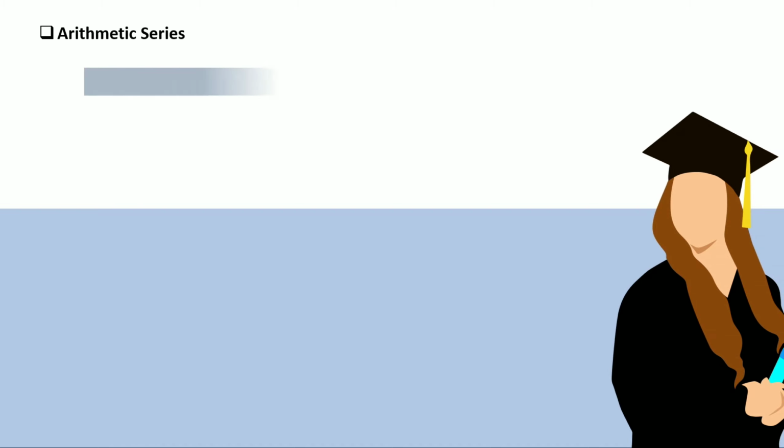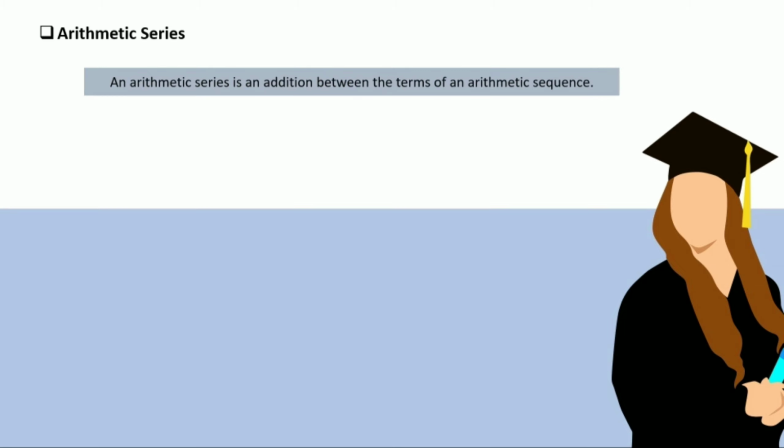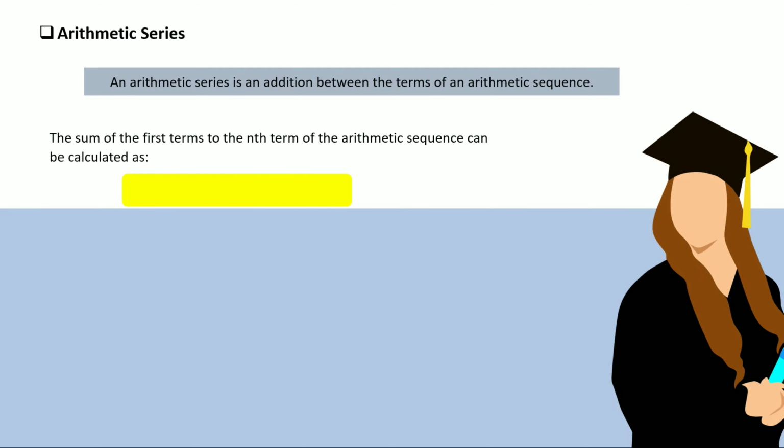Arithmetic series. An arithmetic series is the addition of the terms of an arithmetic sequence. The sum of the first term to the nth term of the arithmetic sequence can be calculated as Sn equals u1 plus u2 plus u3 plus and so on plus un.